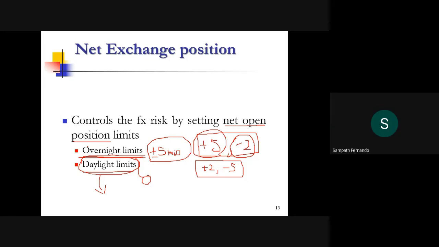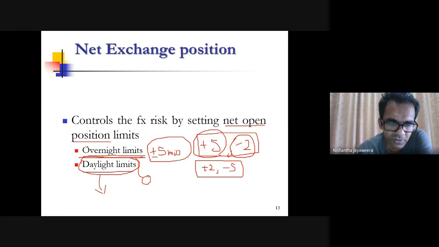So if one dealer has a low limit and he is asked to do a higher amount, then another dealer has to do that transaction. Sorry? If a person who has a lesser limit is at the daylight limit, then he can't do a transaction above that limit, no? Yes. He has to hand over to another one. Yes.